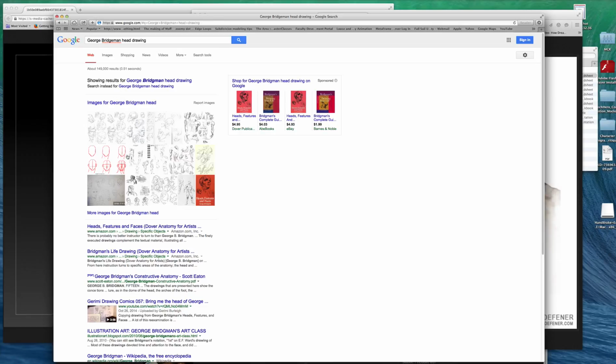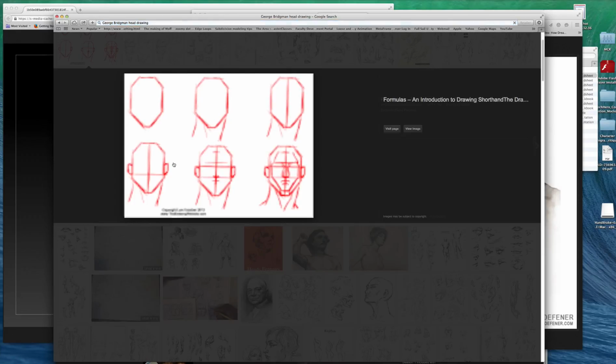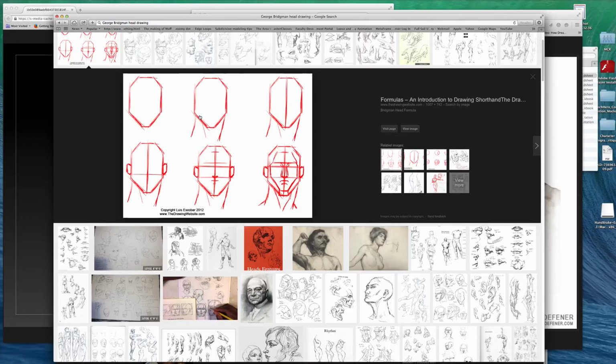Not everyone likes his style, in terms of the thinking and the approach, but one of the things that he was really, really good at is talking about the dynamics of the face. And this is a really good image of how he talks a little bit about the overall structure of the head. And then if you notice, as he divides down, you start getting this interior structuring of the face.